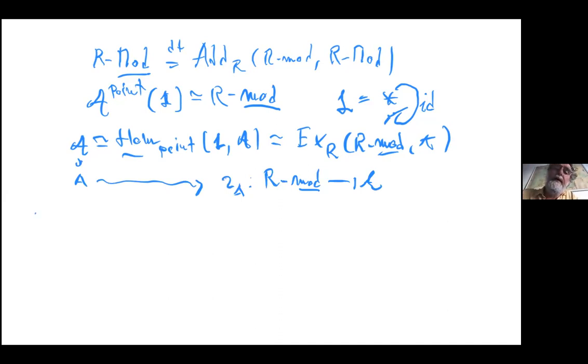So R corresponds to the universal homology, where R also corresponds here to the identity of R mod to itself.